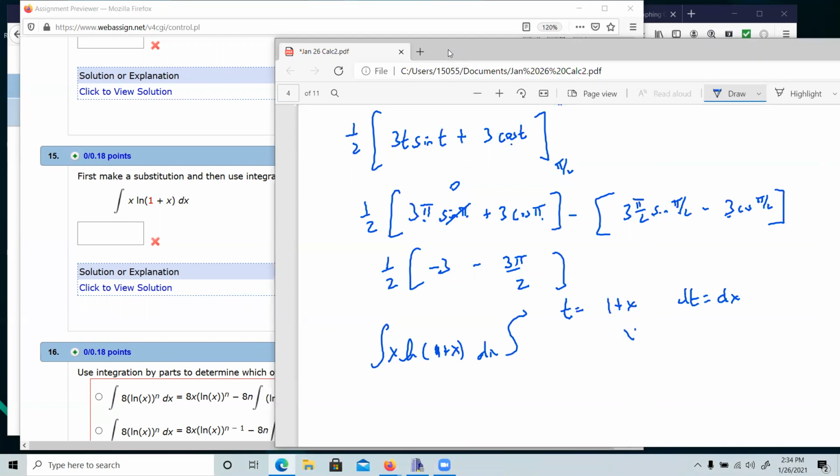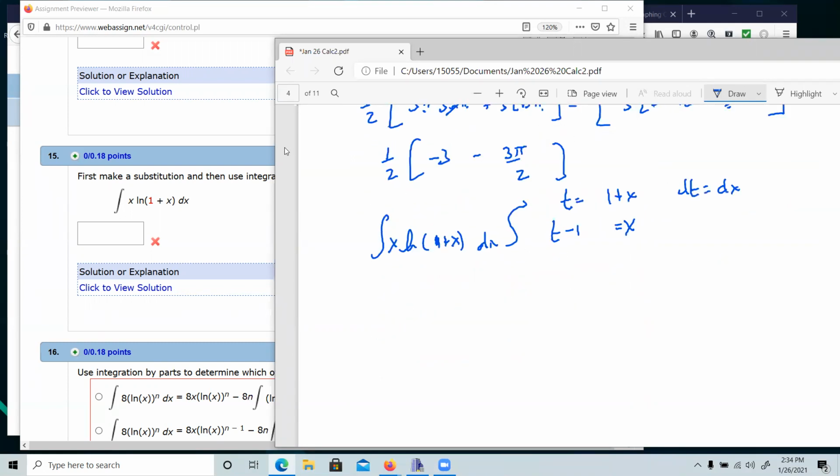But then we're going to say that x is equal to t minus 1. So when I pull my integral here with a substitution, we've got (t minus 1) times natural log of t dt.